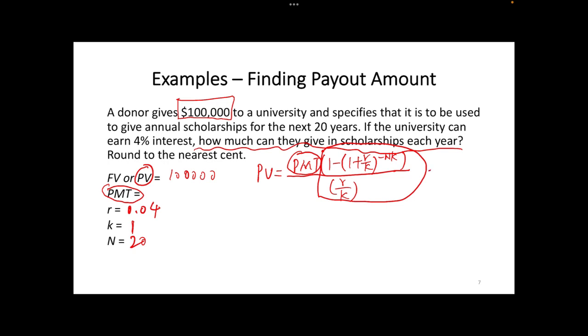In other words, we need to multiply by R over K on both sides of the equation, and then divide both sides by 1 minus parentheses 1 plus R over K raised to negative NK power.